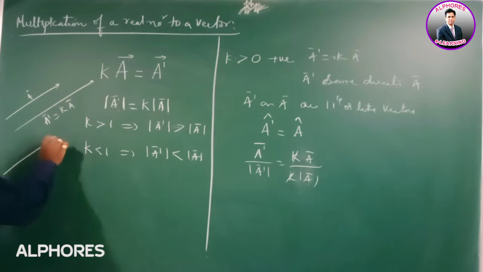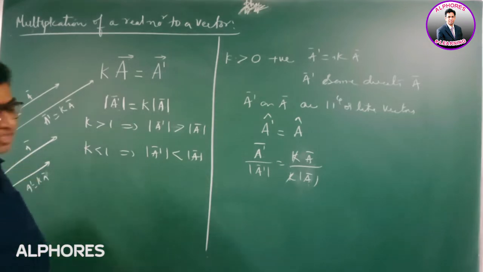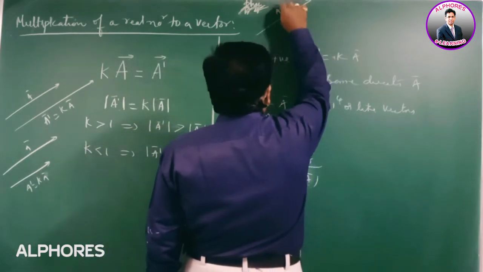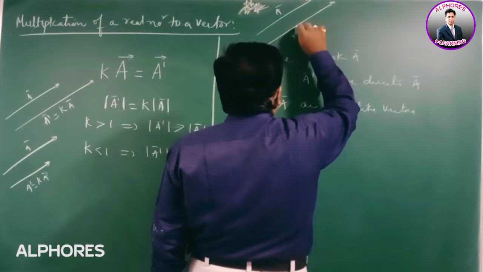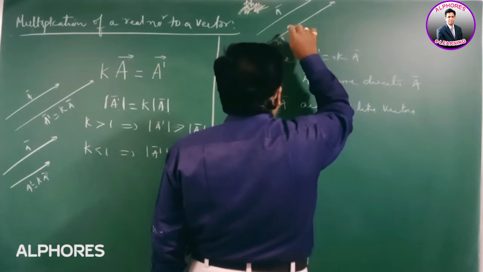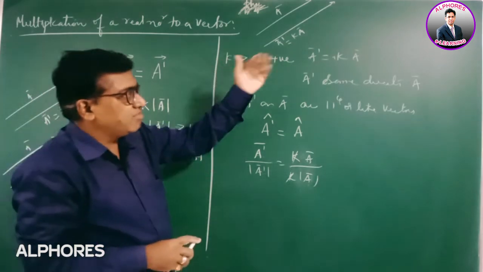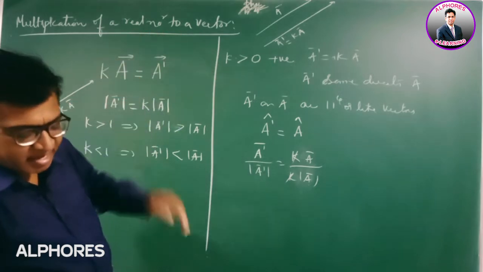Similarly, for K less than 1, if this is A bar, then A dash bar will be K times A bar, shorter, like this. For K positive, A dash bar will be in the same direction as A bar, and greater than 1 it is longer.